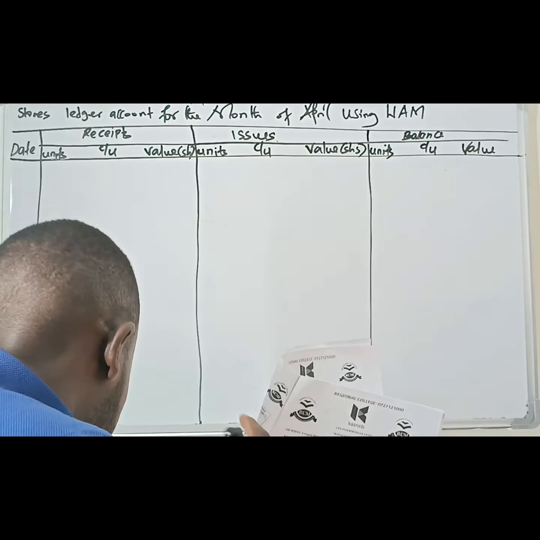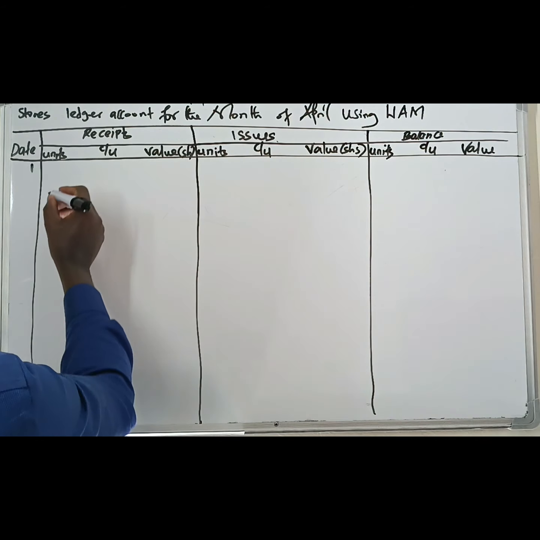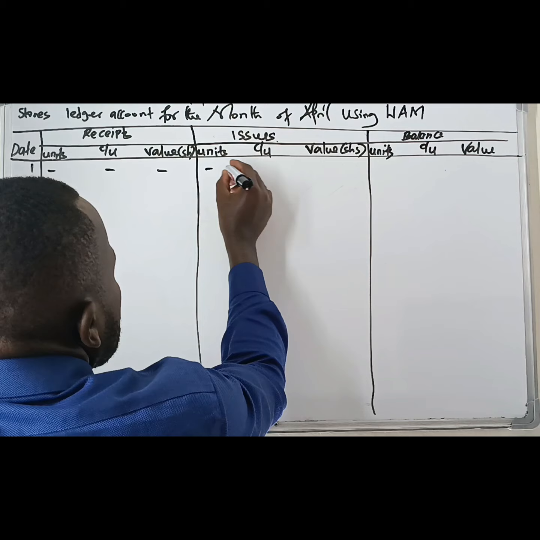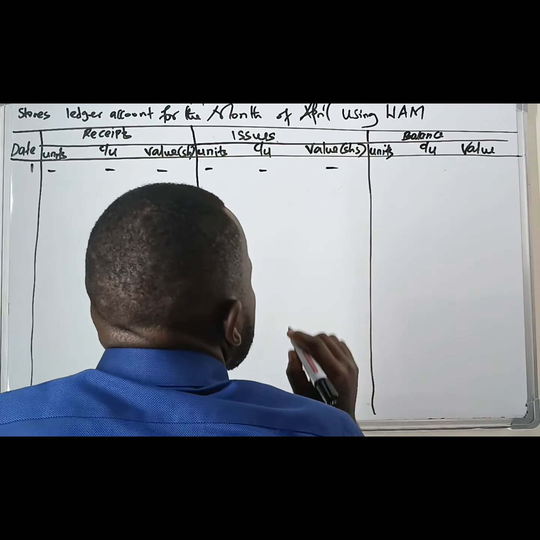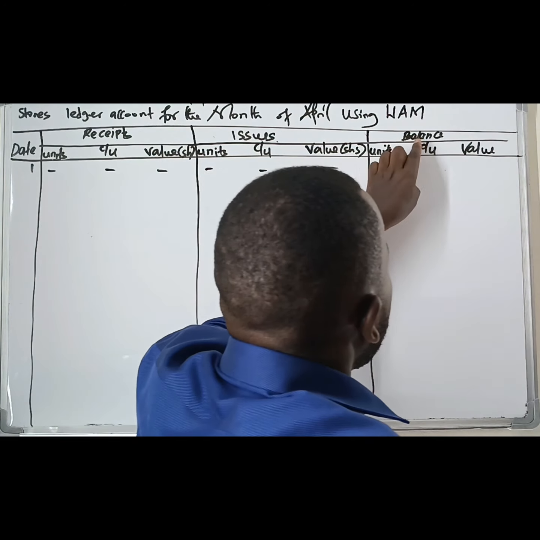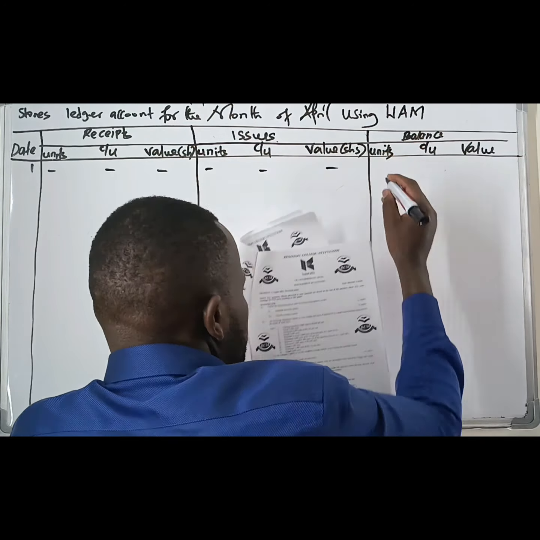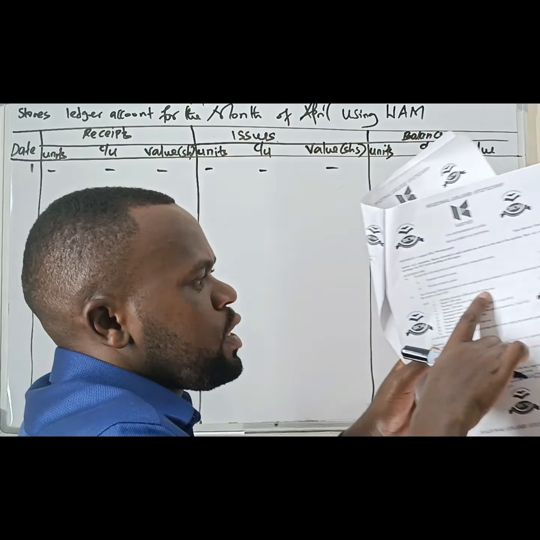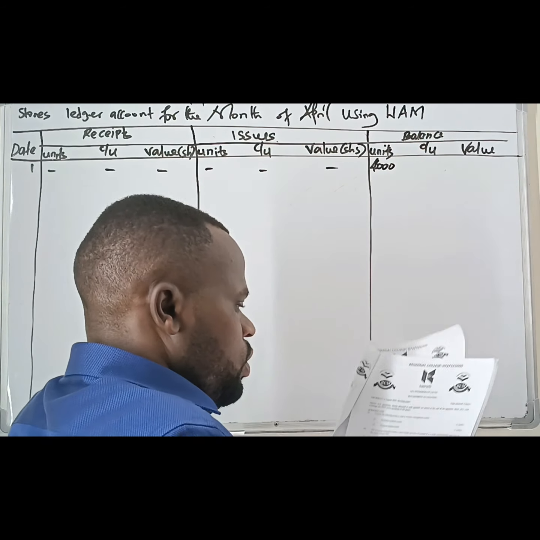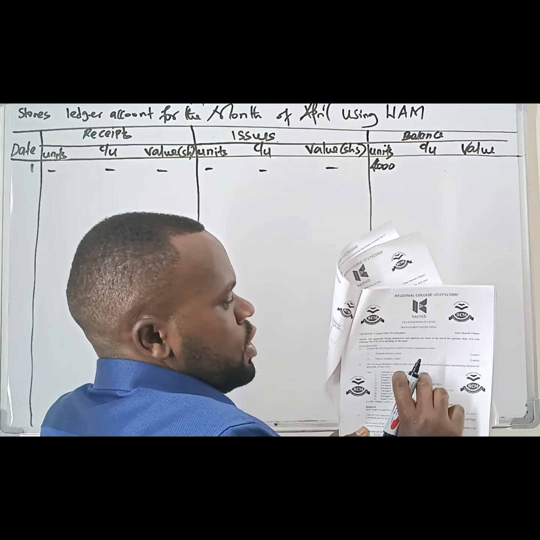So you come here, you write date 1. You can put a dash because the balance you record under balance, so don't be confused. Date 1, then you go all through to where the balance is. That's the opening balance. How many units? I've been told 4,000 units at 100 shillings per unit.